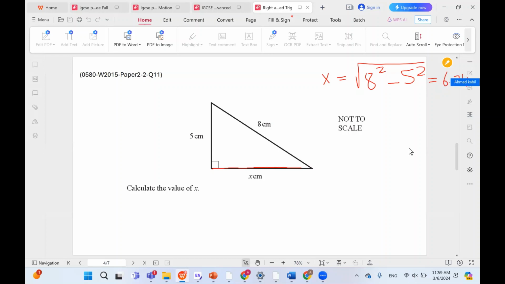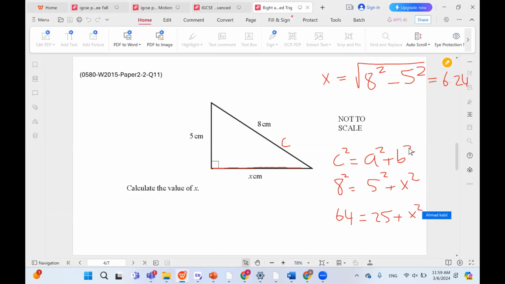If you don't want to memorize how to do this, the slow way of doing it is to call this C, and again to say C squared equals A squared plus B squared. And C is 8, so 8 squared equals 5 squared plus x squared. Therefore, 64 equals 25 plus x squared. And therefore, x squared equals 64 minus 25.